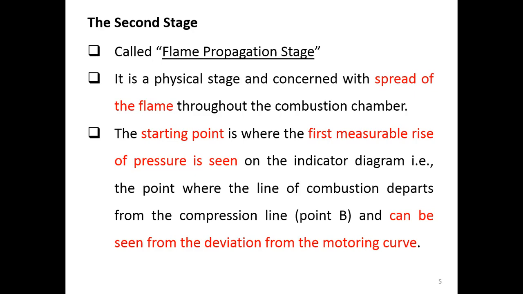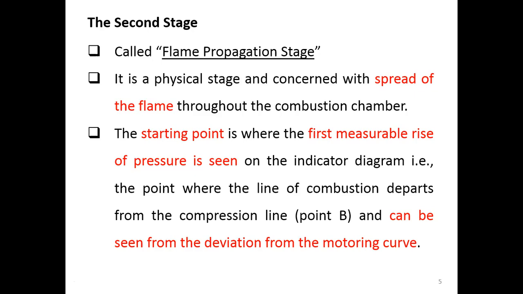So the starting point of this stage is where the ignition lag stage stops, which is the first measurable rise of the pressure on the indicator diagram. Now you start to hear the word indicator diagram. Before that, we used to say pressure versus volume, or pressure versus crank angle rotation.